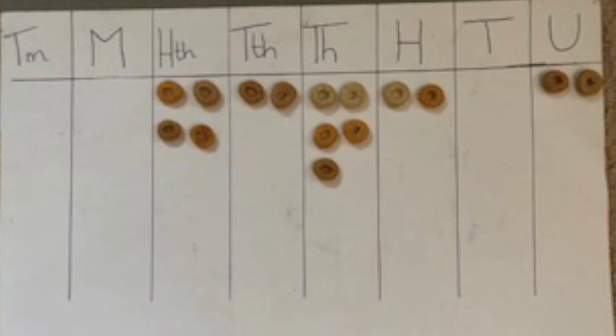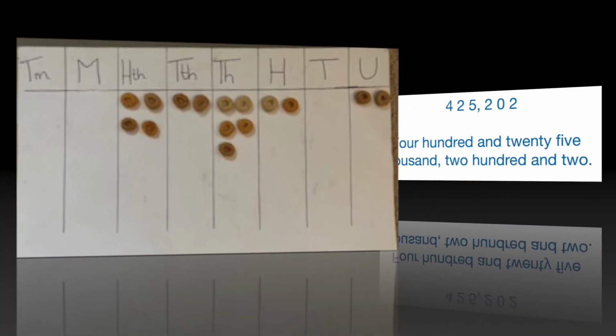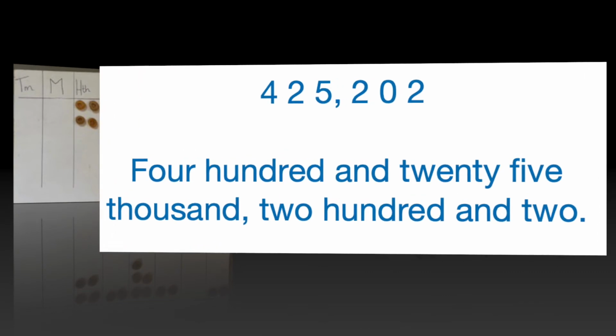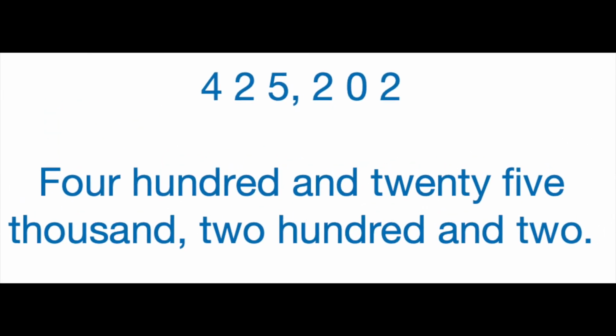We've got 4 in our 100,000 column, 2 10,000s, 5 thousands, 2 hundreds, no 10s and 2 units. So when we write that as a number, we have all of our thousands together. So we have 425,202. Hopefully you remember to put that place value in there and you've got your comma in the right place too.